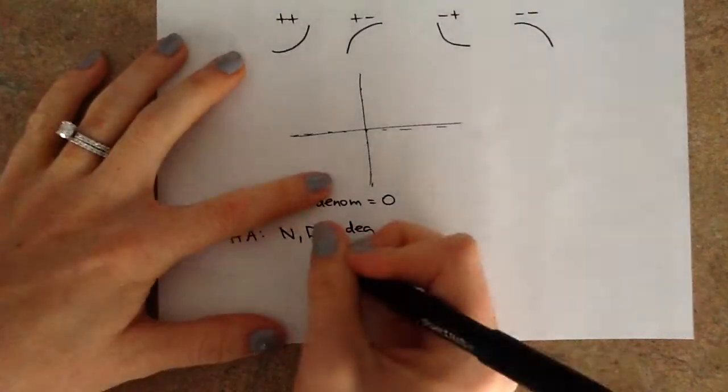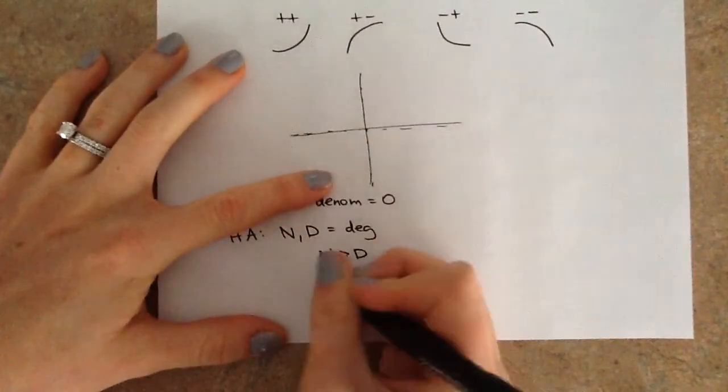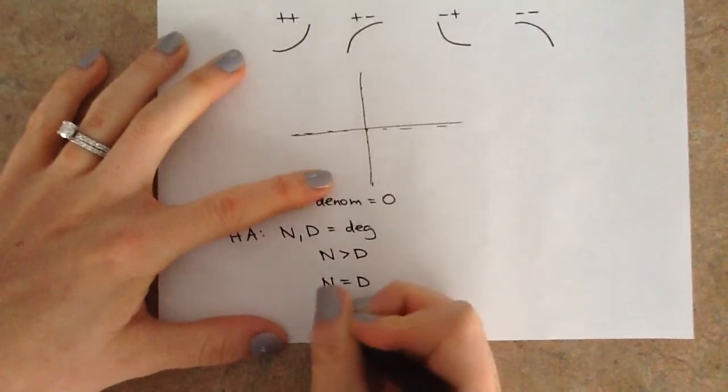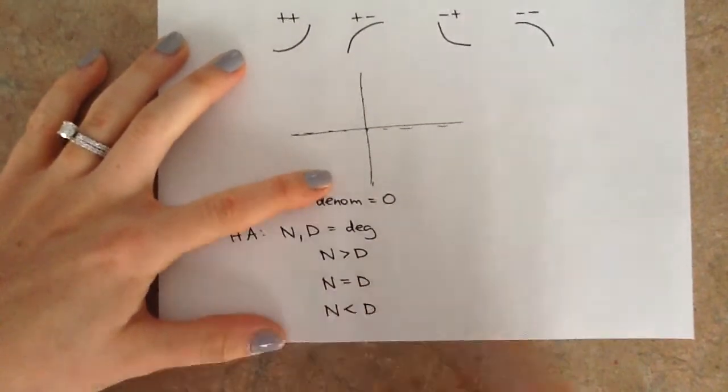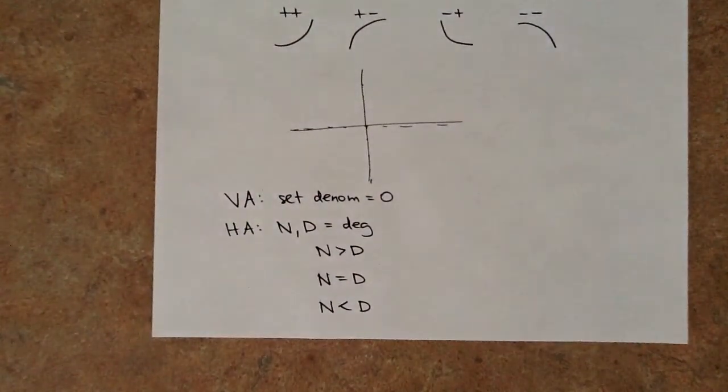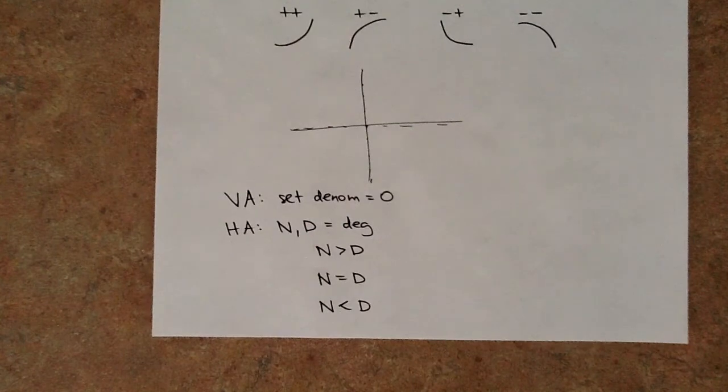We've got 3 scenarios: the numerator has a larger degree, they're equal, or the numerator has a smaller degree. Rational functions are the only ones that will have asymptotes.